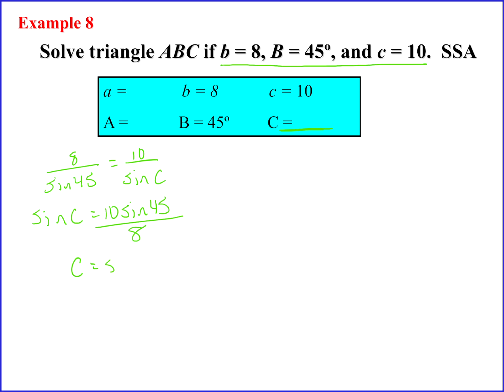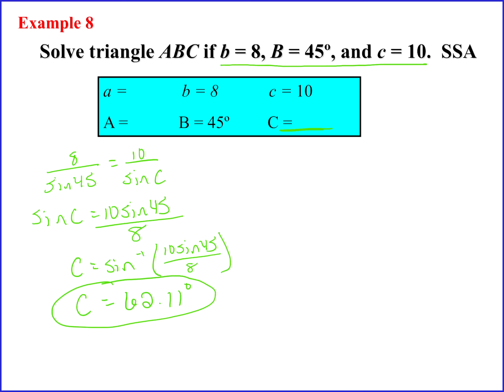To solve for C, you have to do the inverse, so inverse sine of 10 sine 45 all over 8. I get C equals 62.11 degrees. So I know I have at least one triangle because I got an answer right here. Now I need to check for a second triangle.